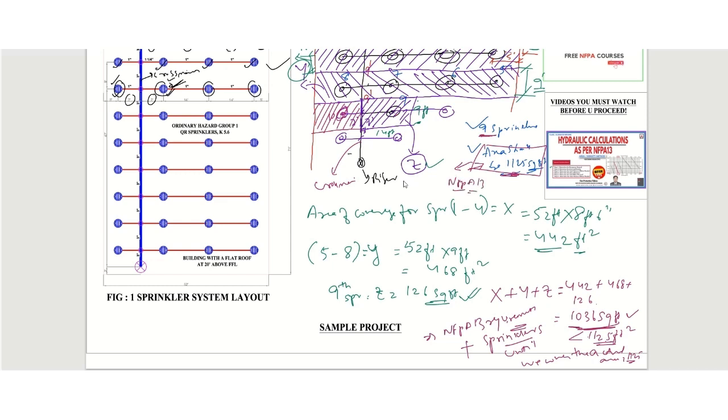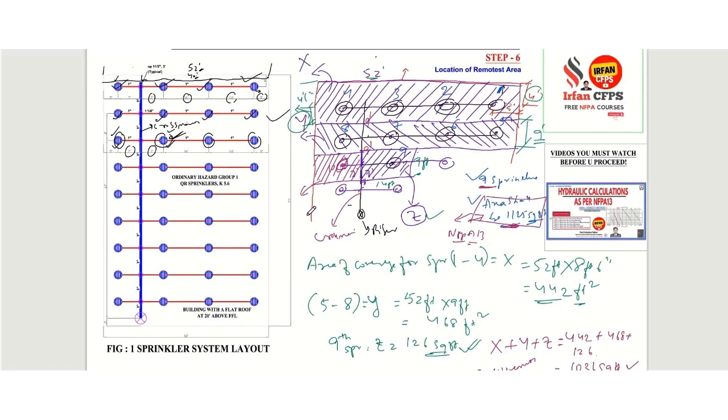So now this area, as we already know, since the size is the same, we can say it as 9 feet multiplied by this one. The distance from here to here is only 5 feet, and from here to here is 7 feet. So 12 feet by 9 feet.